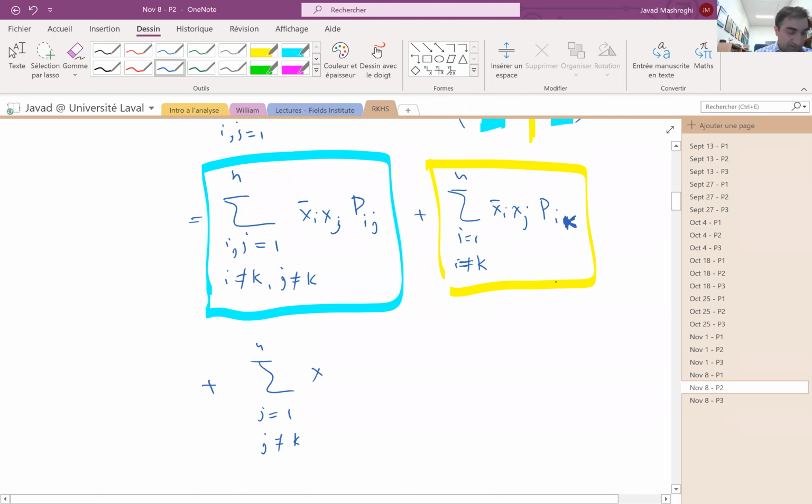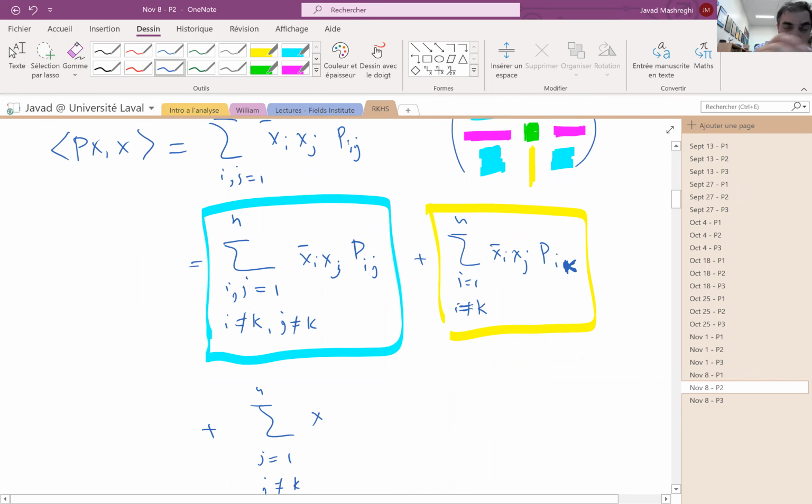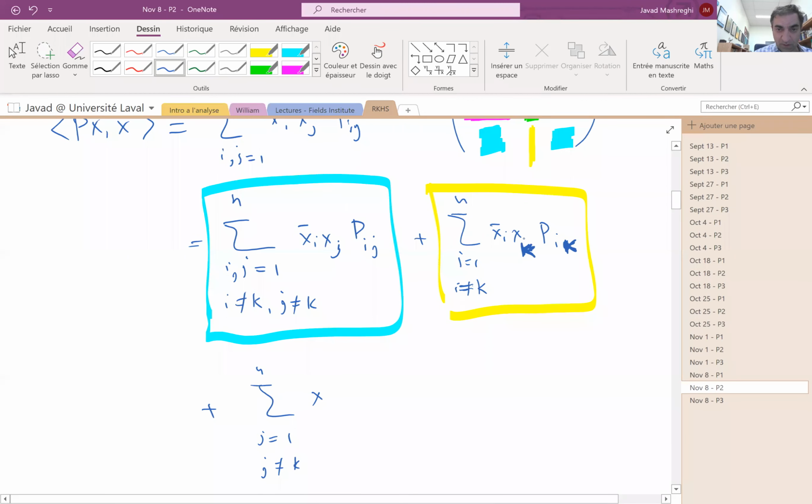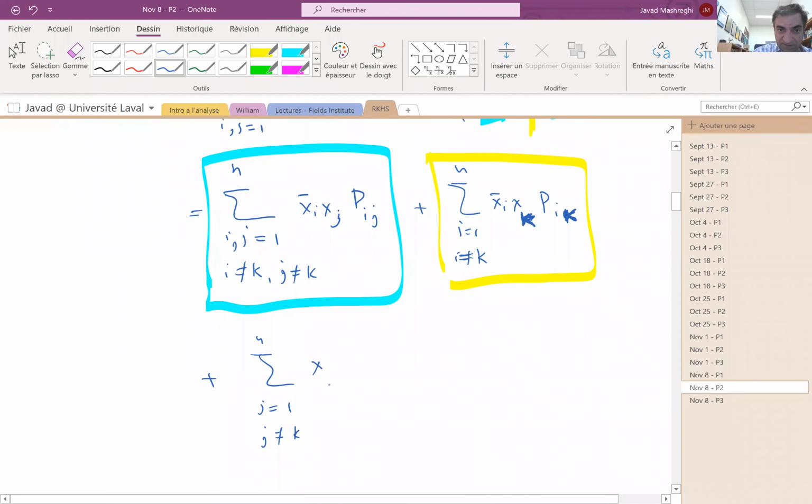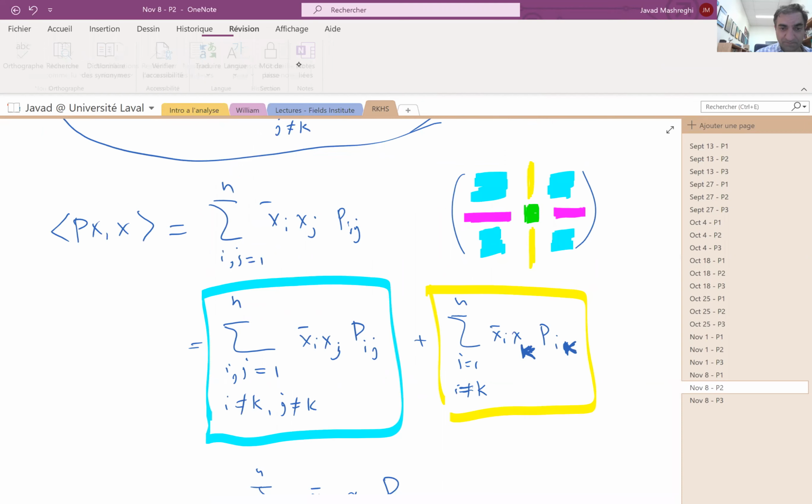And now we are on the row k, so xk bar xj pkj.